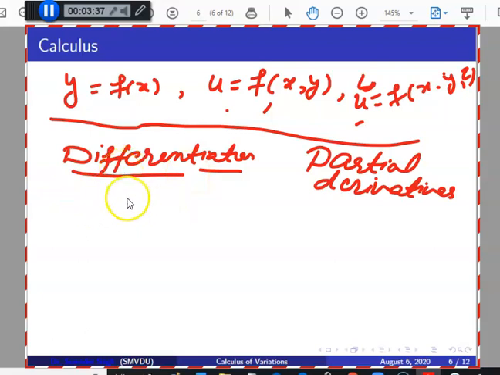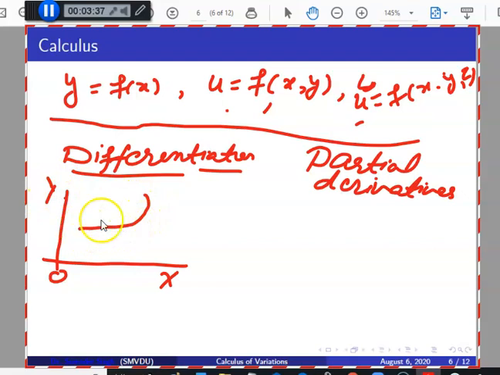Now what is the physical significance of the differentiation of a function of 1 variable? You all know. Suppose this is x-axis, origin, y-axis, and if we have a function, we can plot the graph of every function. This is a plot of this function, right? Then if I draw a tangent to this curve at this point P, suppose, and this angle is theta.